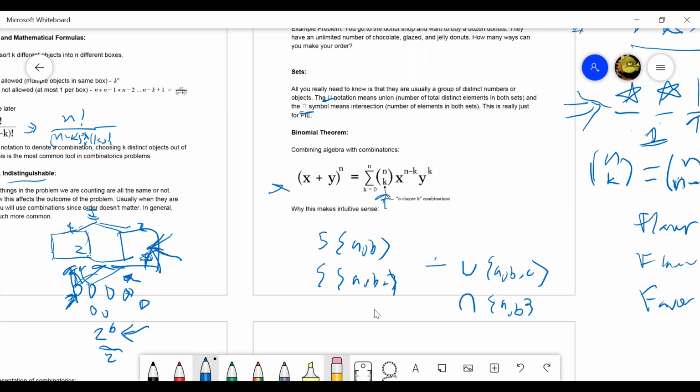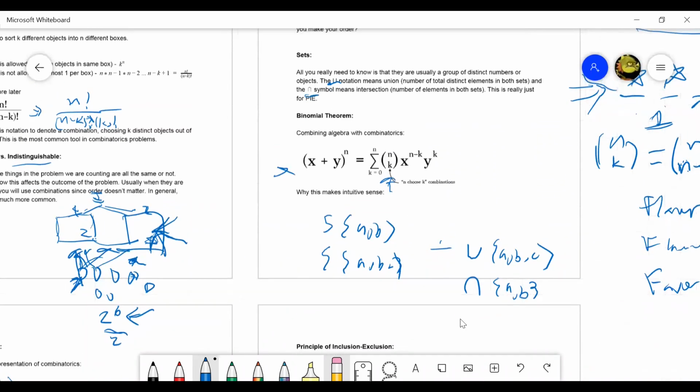And a set is just a non-ordered collection of elements, and usually these elements are distinct.